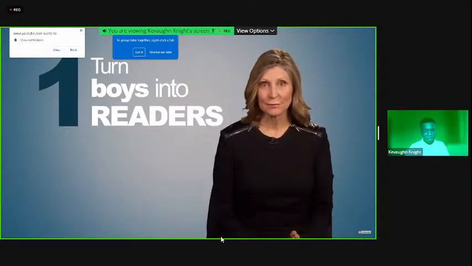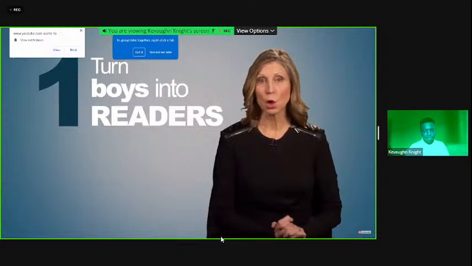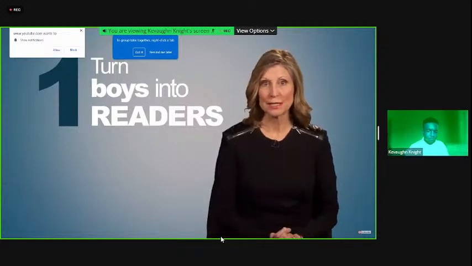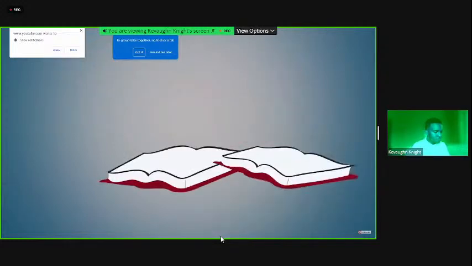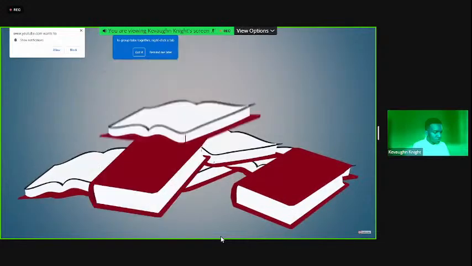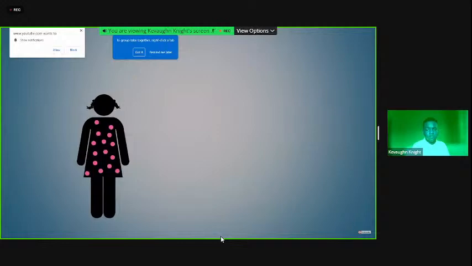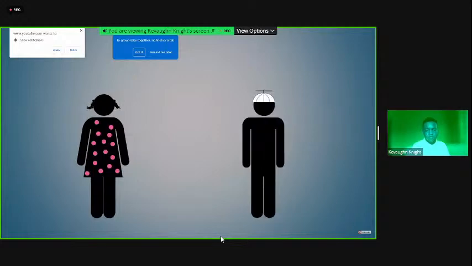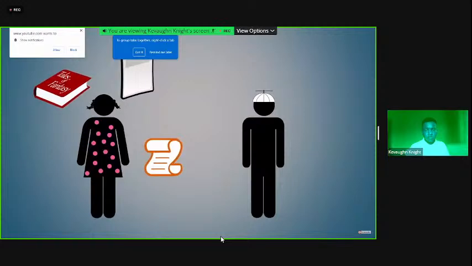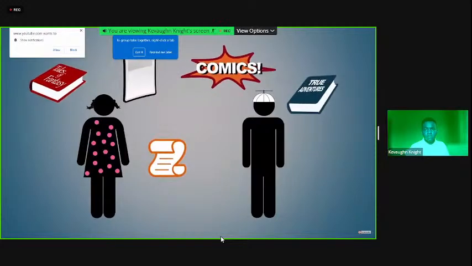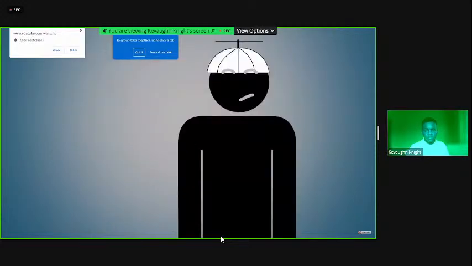1, turn boys into readers. In all age groups, across all ethnic lines, boys score lower than girls on national reading tests. Good reading skills, need I say, are critical to academic and workplace success. A major study in the UK discovered, not surprisingly, that girls prefer fiction, magazines, and poetry, while boys prefer comics and nonfiction.